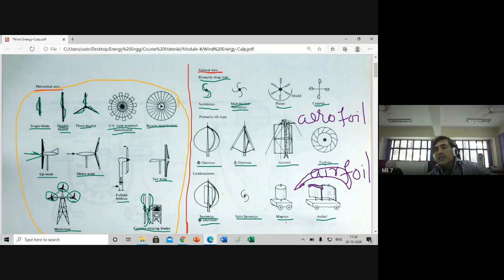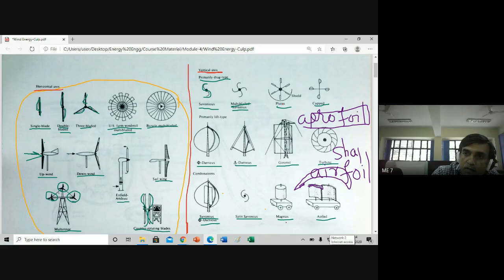Because of this shape only, the lift and drag are produced. When the lift and drag are produced, then a flight will fly. And the same principles are used here for the movement of this blade to transfer the air. This airfoil shape is very significant.